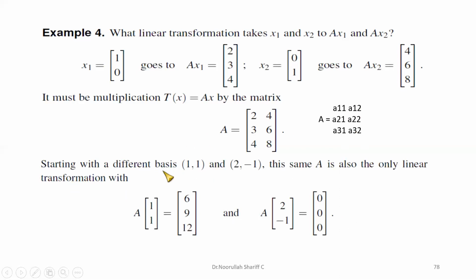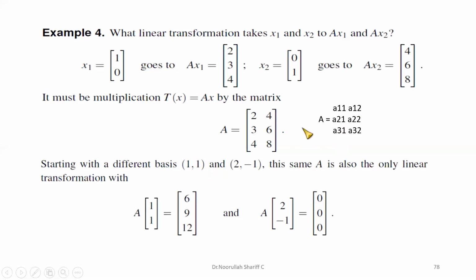Similarly, we started here with the basis x1 equal to 1, 0 and x2 equal to 0, 1. In place of that, if we take x1 as 1, 1 and x2 as 2, minus 1, then we are again going to get the same value of A, and that can be considered by multiplying this x1, in the form of the column matrix, with this.